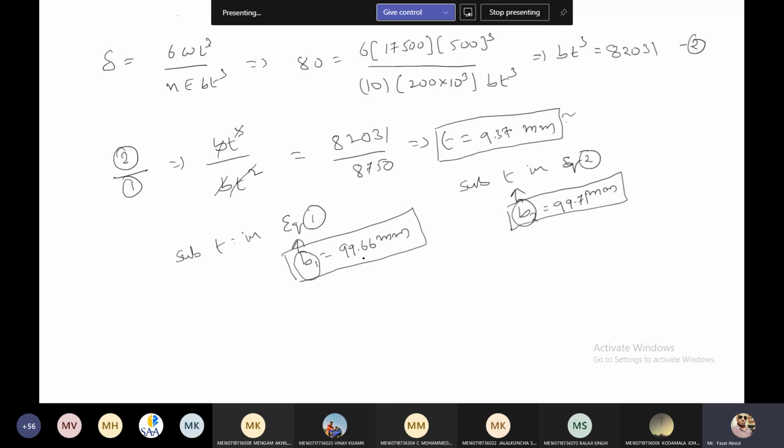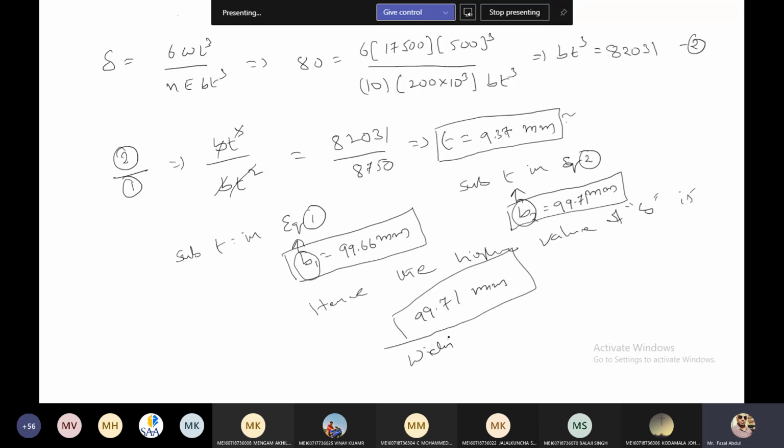So here you have to write: hence the higher value of B is 99.71 mm. The width of the leaf is 99.71 mm.